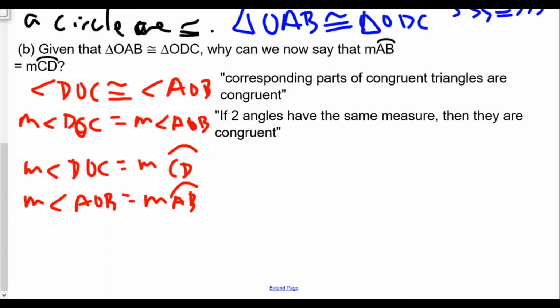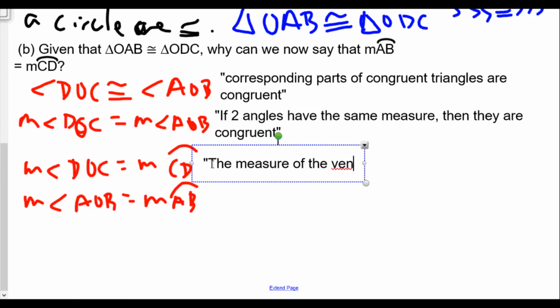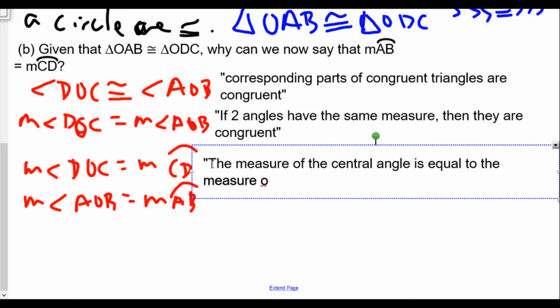And our reasoning here would be: the measure of a central angle is equal to the measure of the arc intercepted by it.